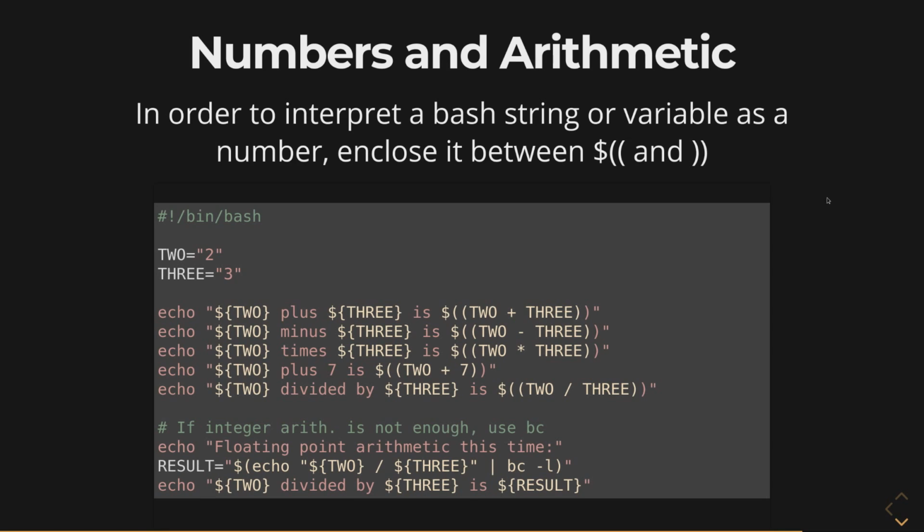I pipe a string to it. The string is literally 2/3, which is interpreted by bc, which prints the result of doing that calculation to standard out. And we're using command substitution to take that result and put it into the variable called result. At the end there, we will actually get the floating point result.